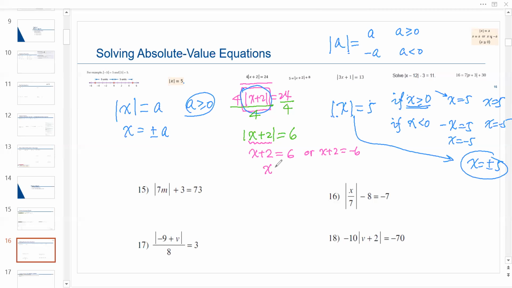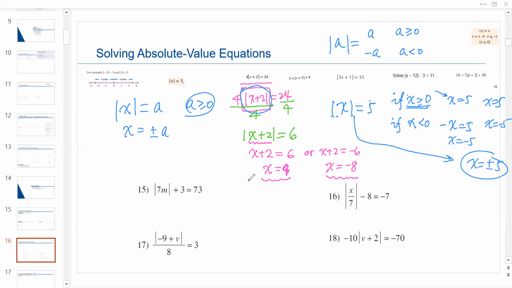So you can find the solutions: both sides minus 2, so x equals 4, and x equals negative 8. So we have two solutions, one is 4, one is negative 8.